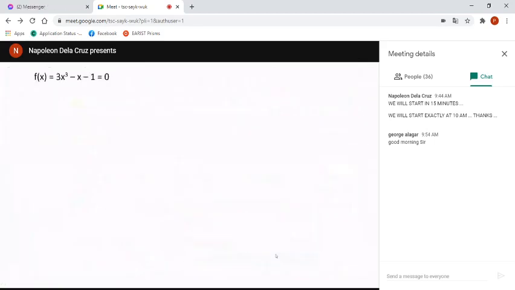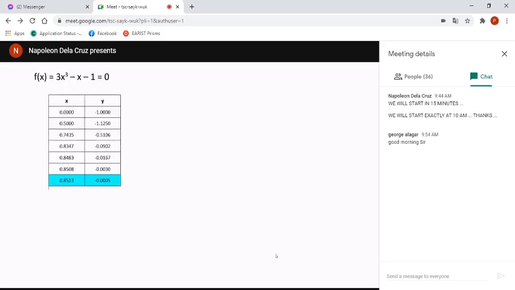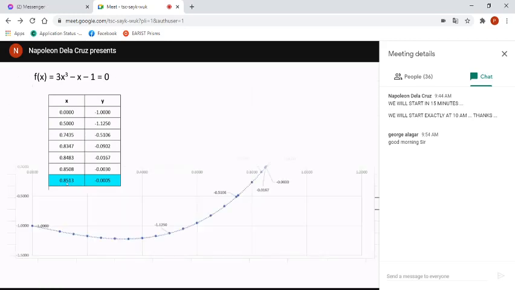Let's check if I graphed it. Okay? So that is now the equation 3x cubed minus x minus 1 is equal to 0. And this is what we have solved earlier. And that's the root that we solved. Okay? And then this is the graph of our function. There is the graph.